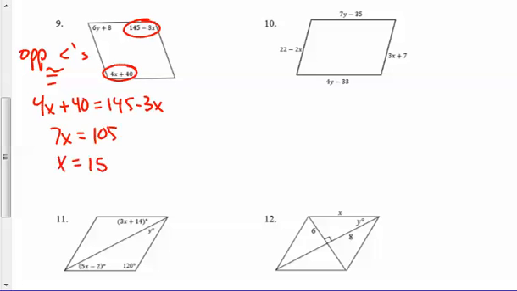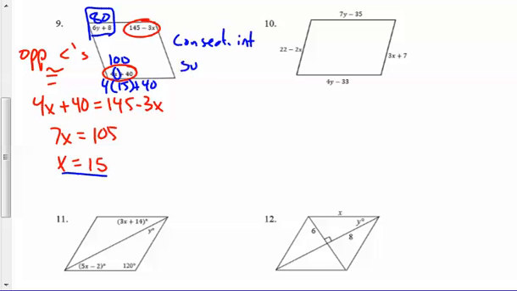Well, I still have this y value here, don't I? If I plug x back into here, I get 4 times 15 plus 40, or 100 degrees. Which means this one has to be 80, because they have to add up to 180, because consecutive interiors are supplementary.